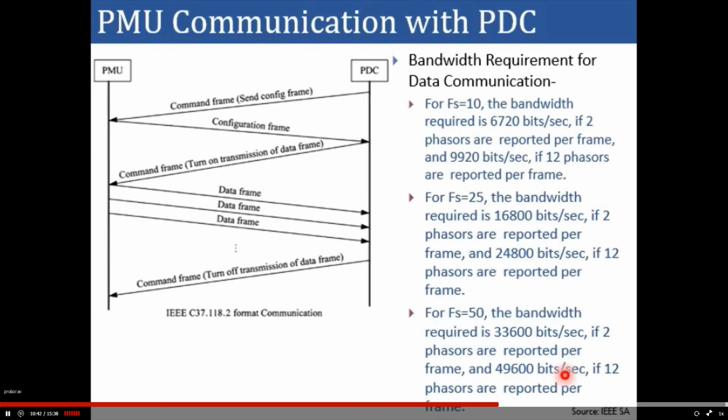Your application should be developed in such a way that it can process data very fast, so that before the next 85 MB data comes, your application will complete the process and give you the output. So there are challenges in the utilization of phasor measurement unit data because of its very fast data reporting rate.